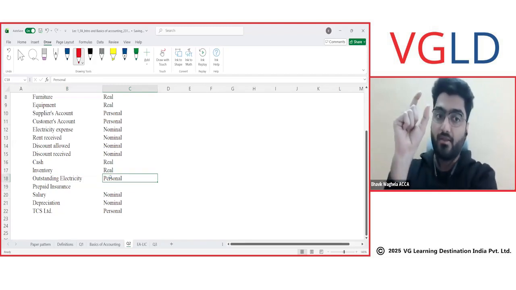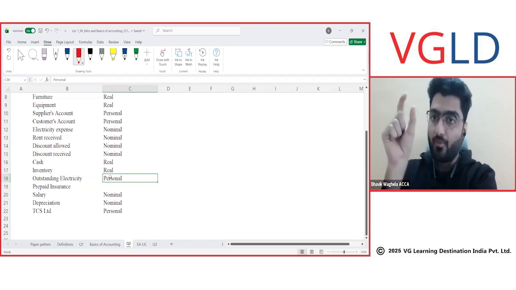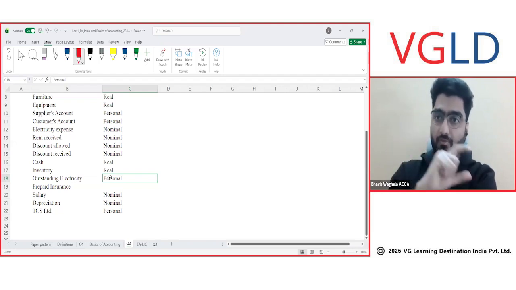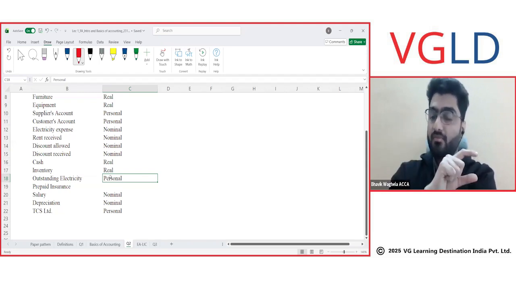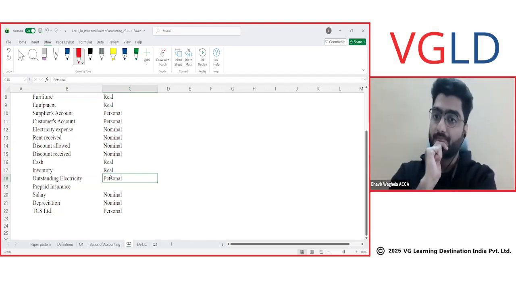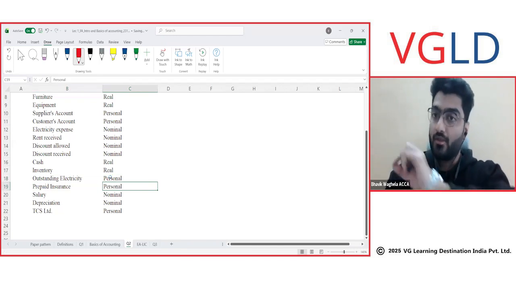So just keep in mind that whenever we have a prefix before an item of income or expense, it is no longer your nominal account, but it becomes your personal account. Prepaid insurance, again, is a personal account. Why?